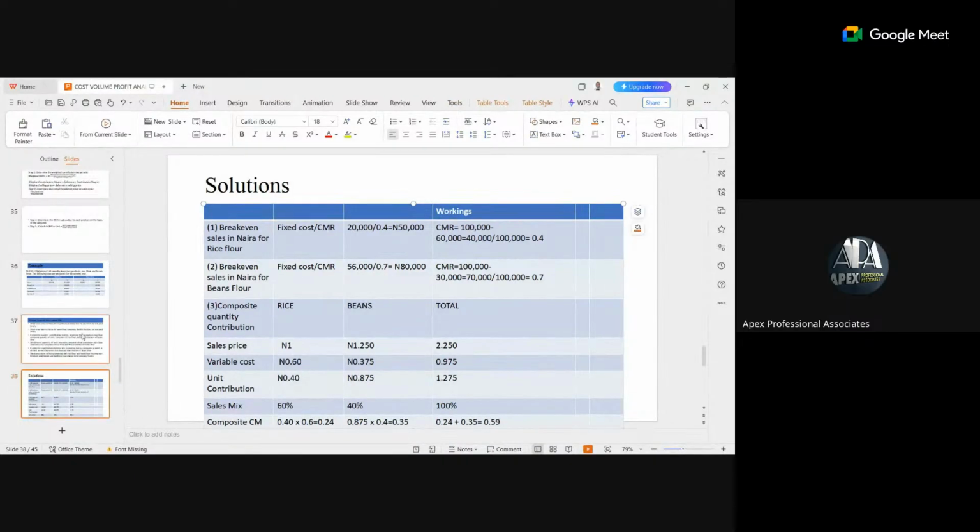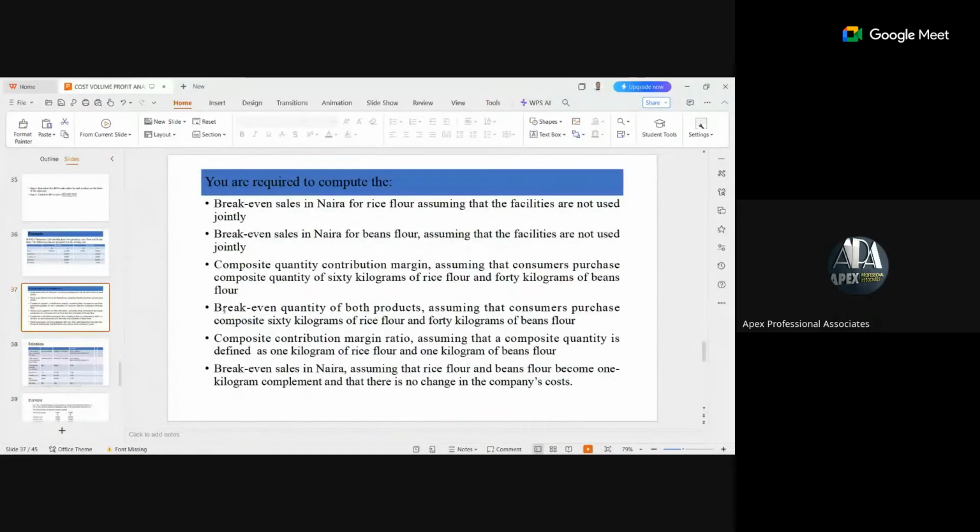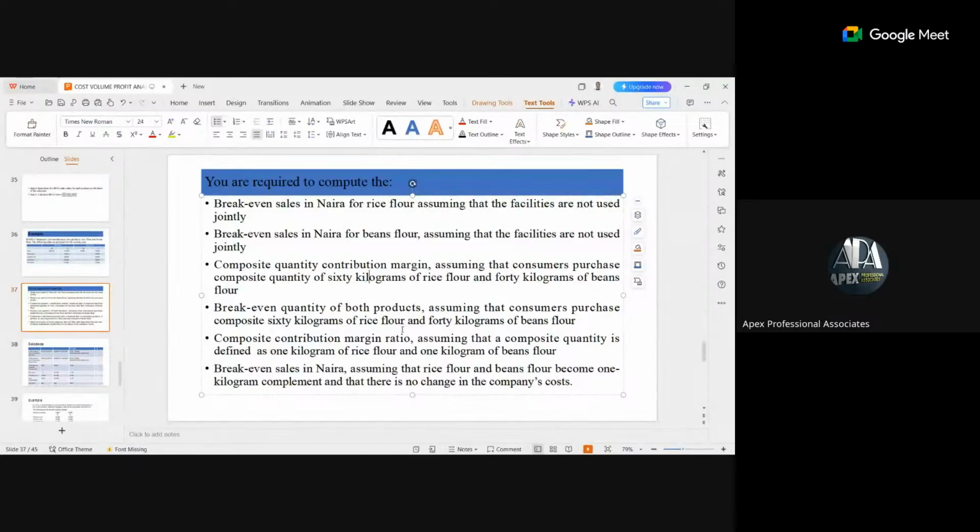To solve for D, the break-even quantity of both products, assuming consumers purchase a composite of 60 kilograms of rice flour and 40 kilograms of beans flour, which is based on what we've done in C, we don't need to crack our brain about the 60 kilograms sales mix again. We've already determined the contribution margin.